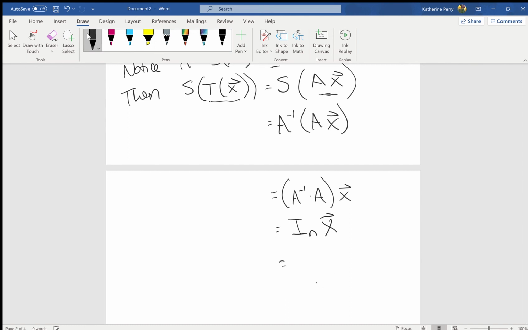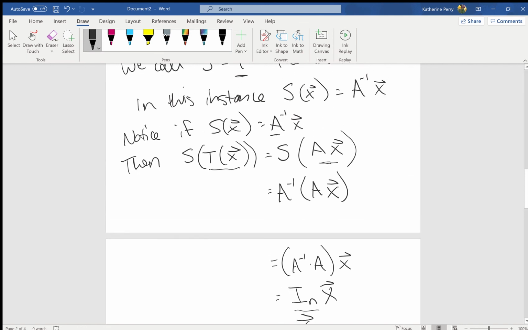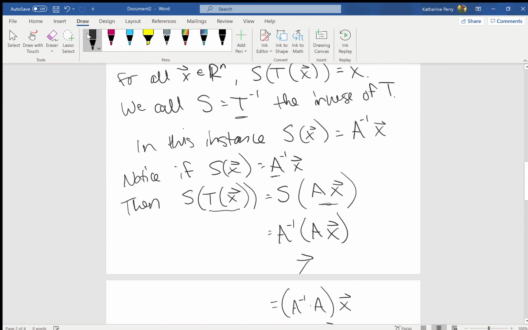And like we talked about in class, if I take the identity matrix times a vector x, it is just x. And so that confirms that if I define S in this way, where S is the transformation represented by A inverse times x, then it is in fact an inverse of my transformation.